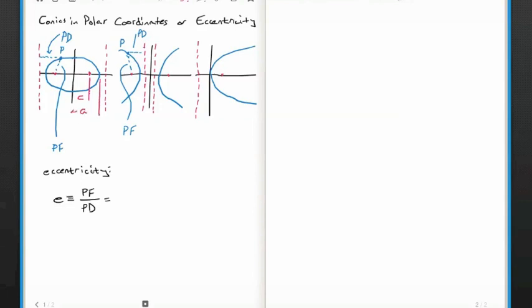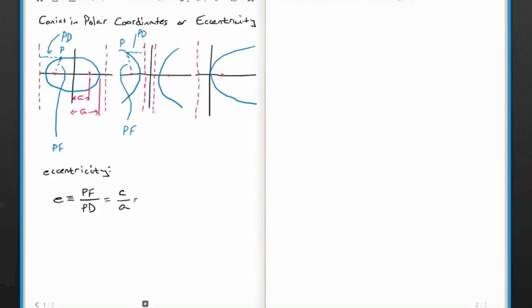And recall that b squared was related to a squared and c squared. And this is c here. So not only is the ratio of the point to the focus and the point to the directrix the eccentricity, but it works out that it's also c over a. So that's the distance to the focus over the distance to the vertex.